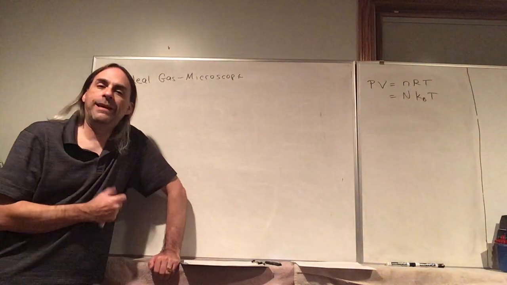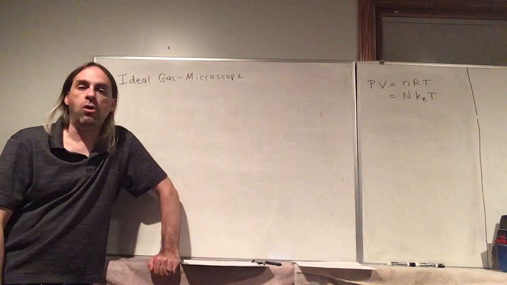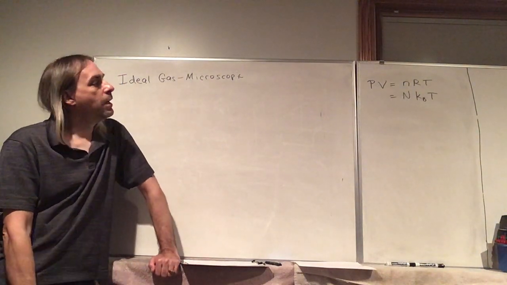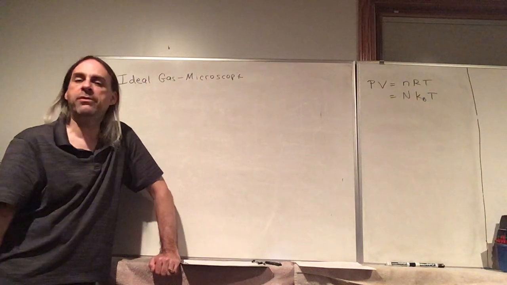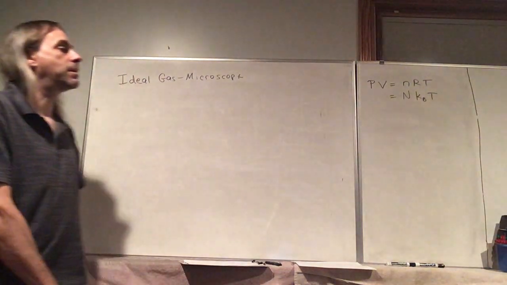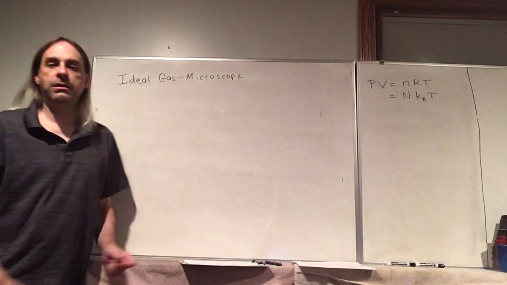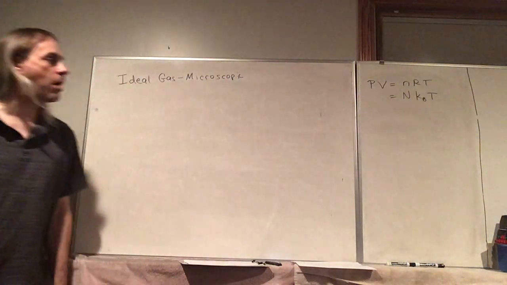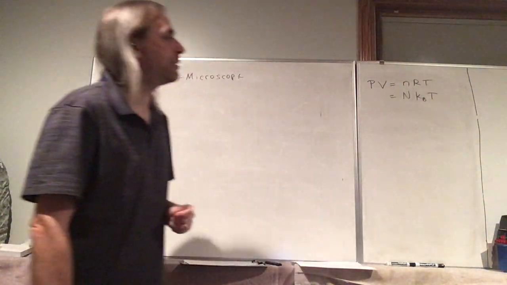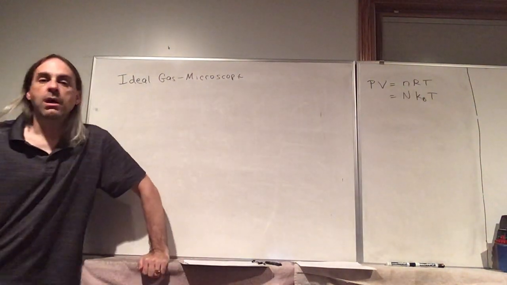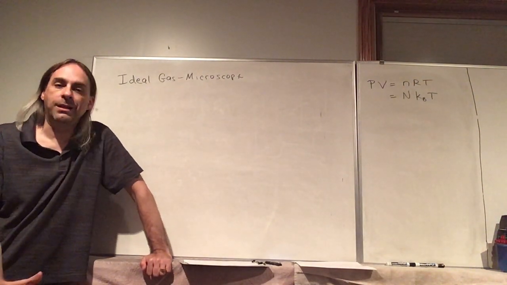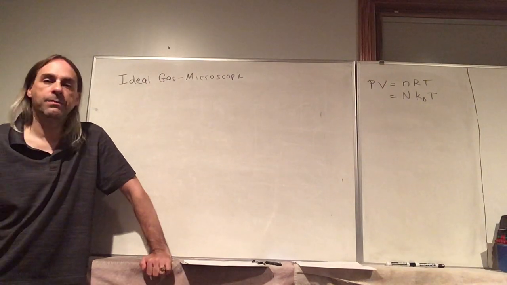In this notation, the lowercase n is the number of moles, and the uppercase N is the number of particles. And we came up with this law by combining the results of several experiments. So for an ideal gas, the macroscopic properties, like pressure, volume, the amount of the gas, and the temperature, are the four macroscopic properties that define the state of the gas.